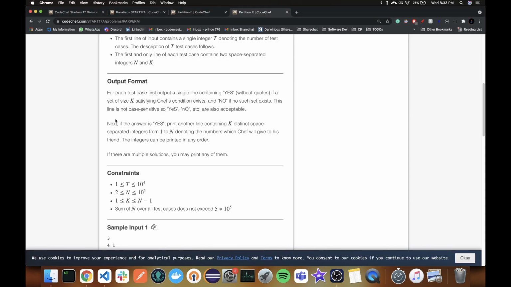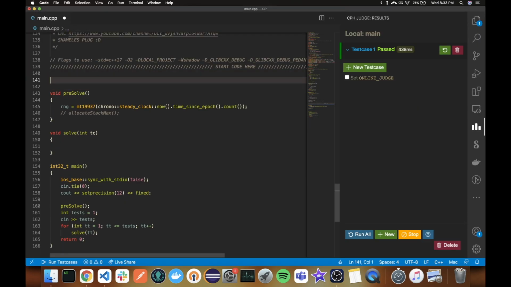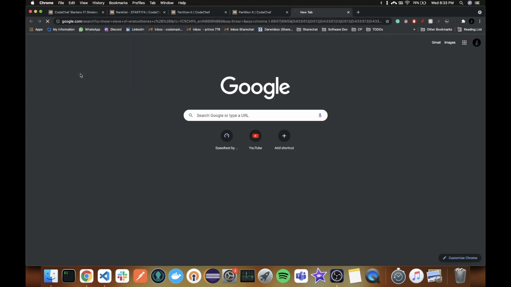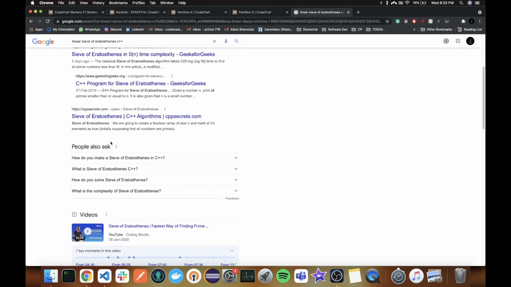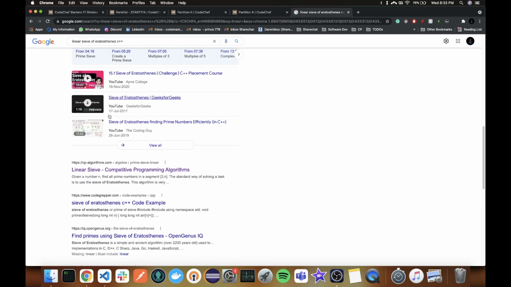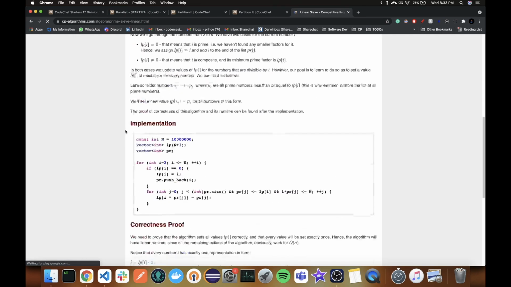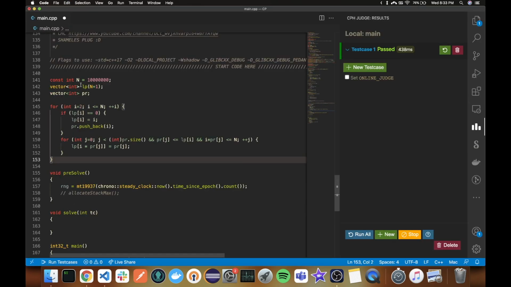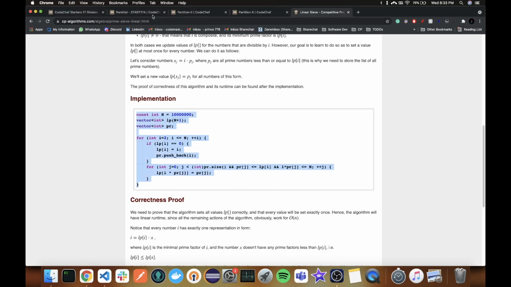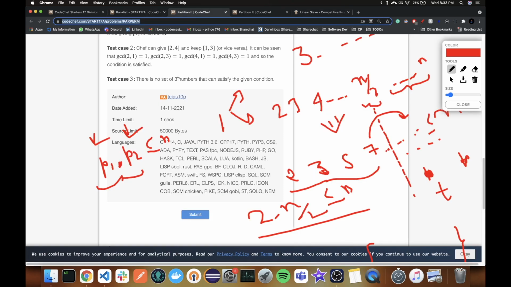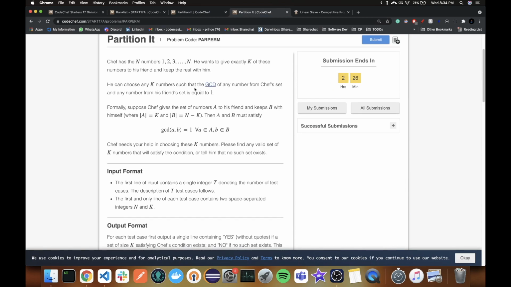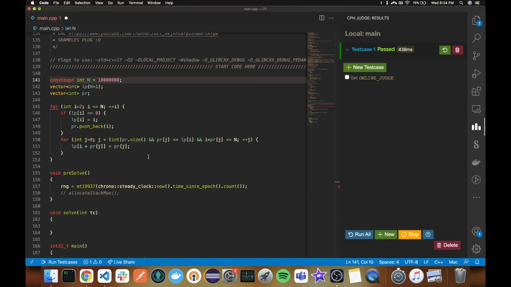Okay, so I'm going to need a sieve, linear sieve of Eratosthenes. Where's linear sieve? There it is. Constexpr makes it a compile-time constant. So n is 1e5.